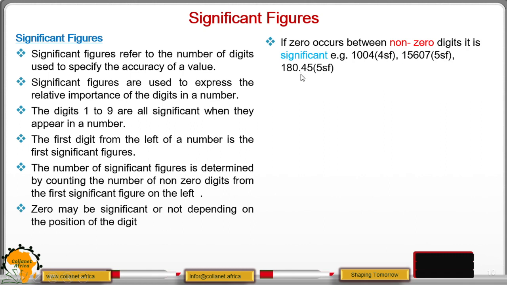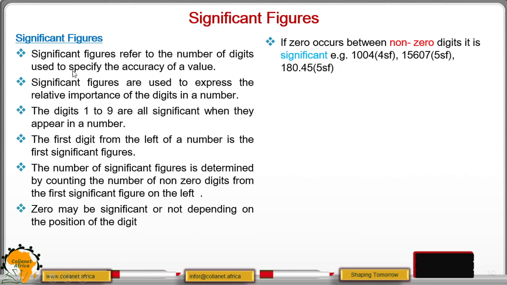For instance, if you look at the values that we have here, we have 1004. These zeros are in between 1 and 4, and 1 and 4 are non-zero digits. So these zeros are important, or they are significant.